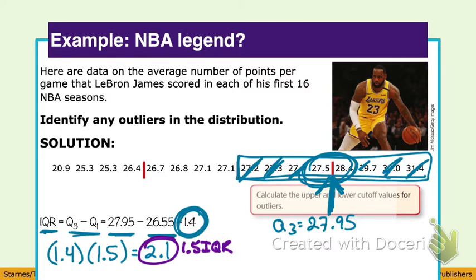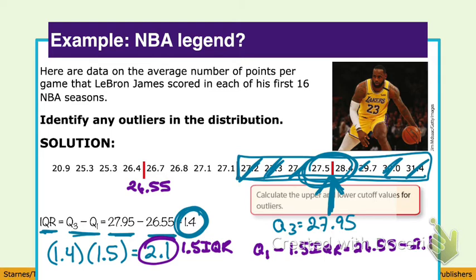So now I'm going to take Q1 and subtract that 1.5 IQR. Q1, quartile 1, was 26.55. So I'm going to take 26.55 and subtract 2.1.